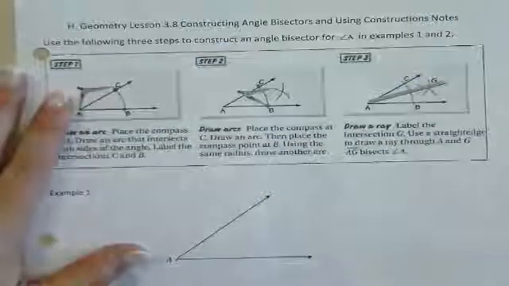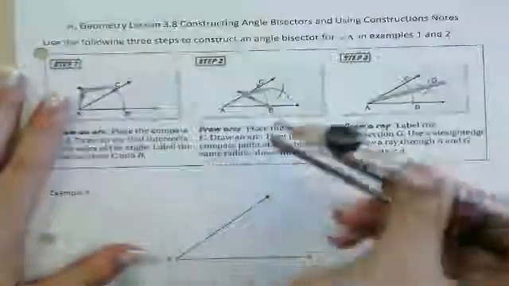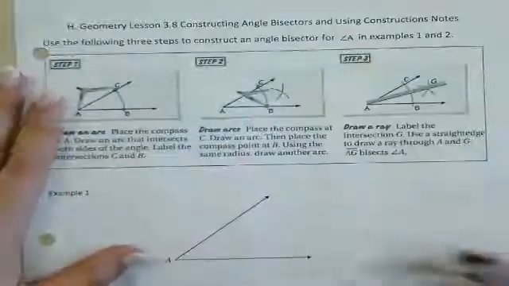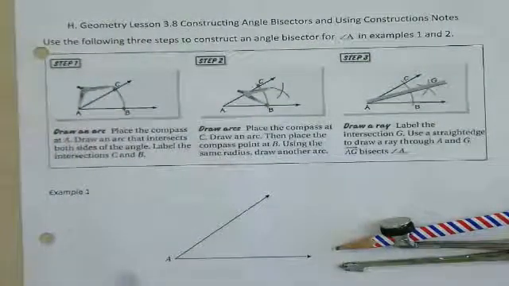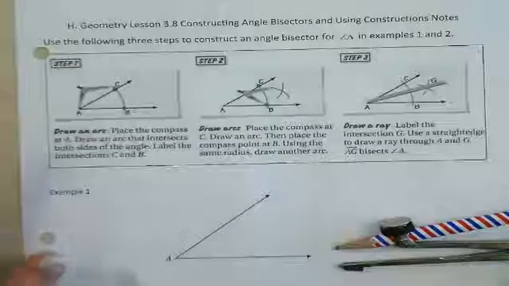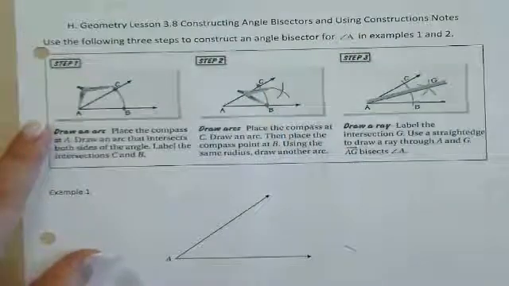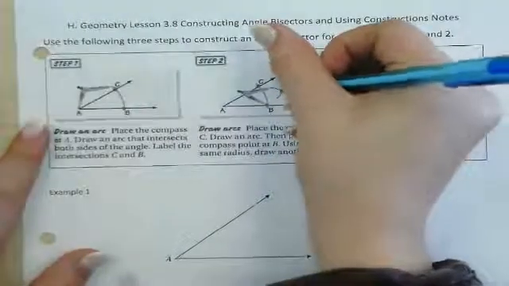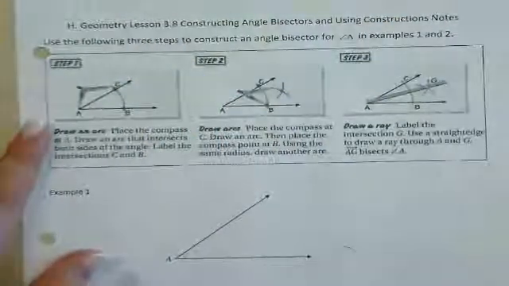Then without changing the width, you put your pointed end on B and make the exact same arc, and they should end up crossing. Since you didn't change the width at all, they should cross exactly in the middle of those two line segments or rays.